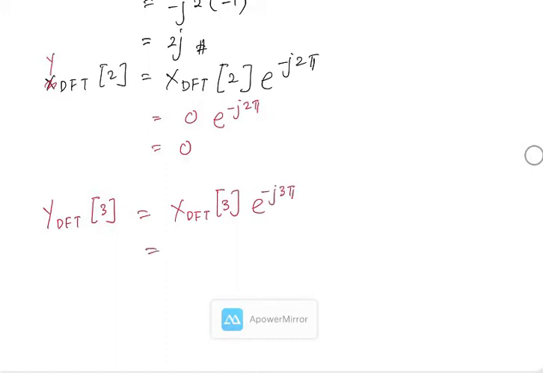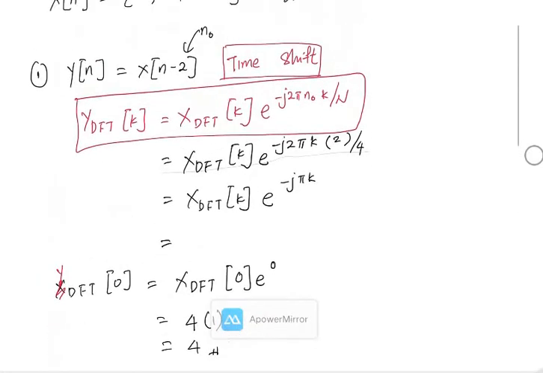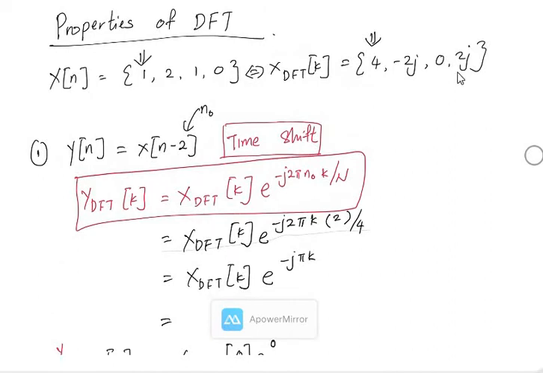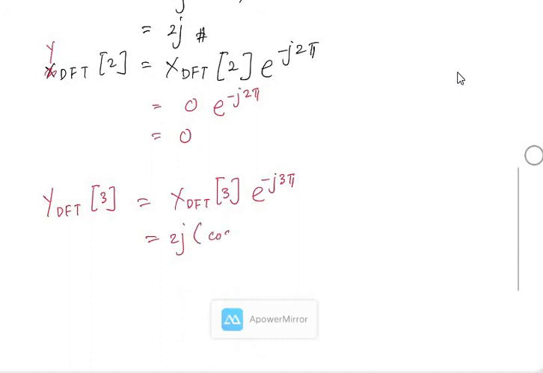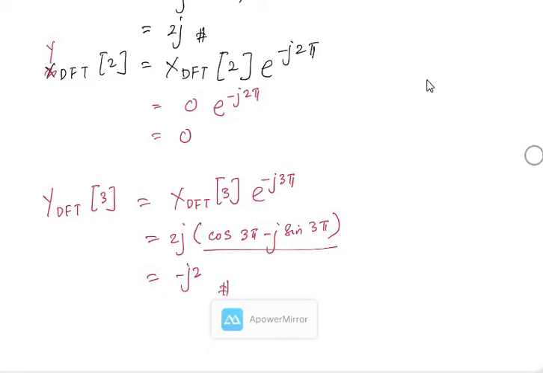Based on the question given, X[3] is 2j, and then cos 3 pi minus j sine 3 pi. After you multiply with the 2j, you get negative 2j. So that's all for the time shift property. Now we go to the next one.